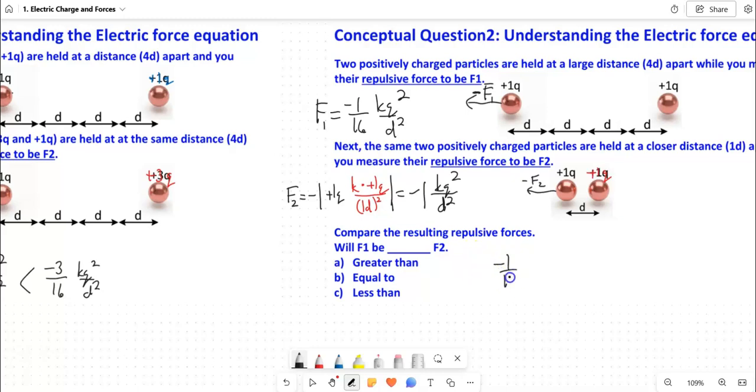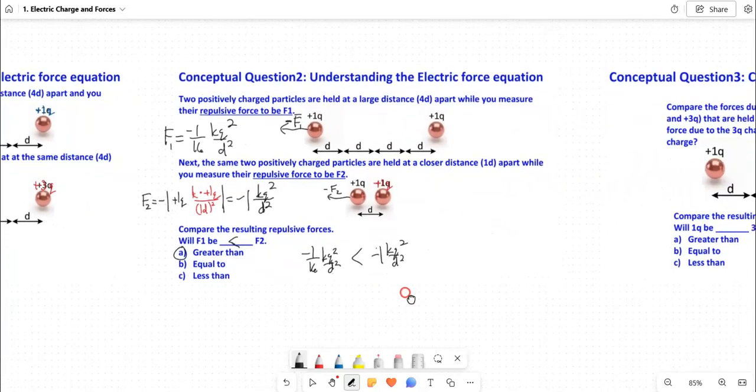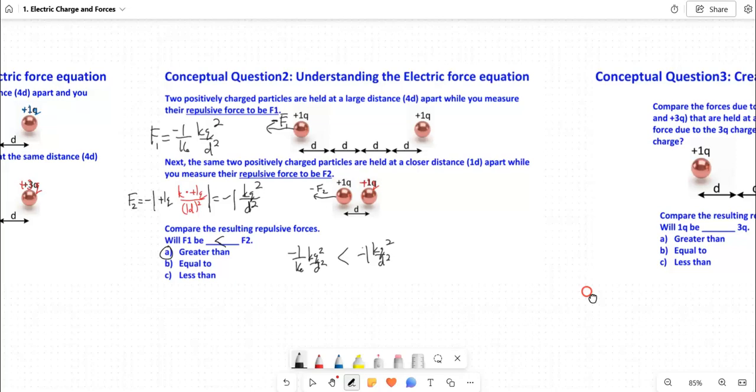Negative 1 over 16 kq squared over d squared, or negative 1 kq squared over d squared? Again, the negatives don't matter. That's just the direction. So again, F2 is greater than F1. Okay? So getting you to work with that equation. All right? Let's try another one.